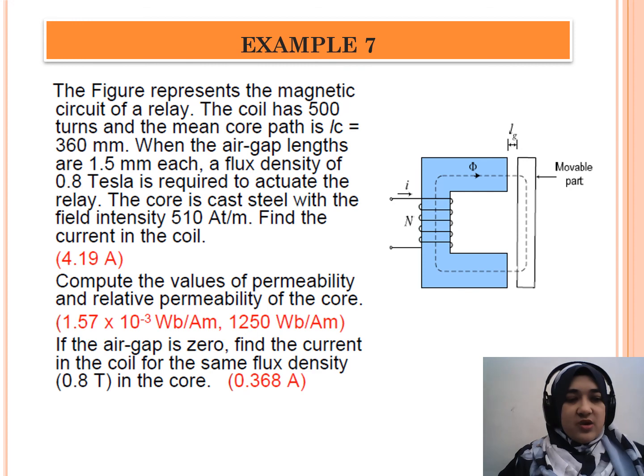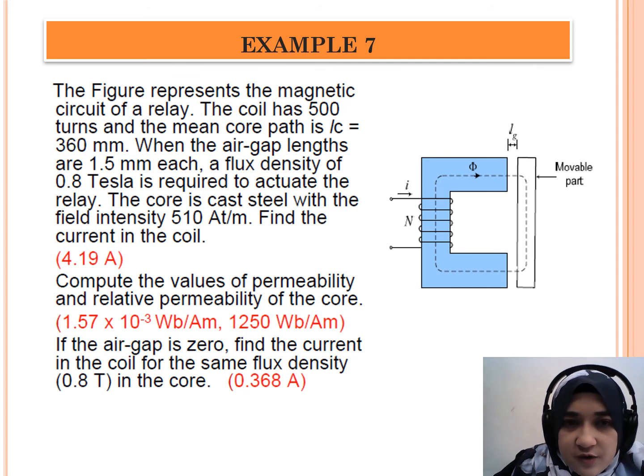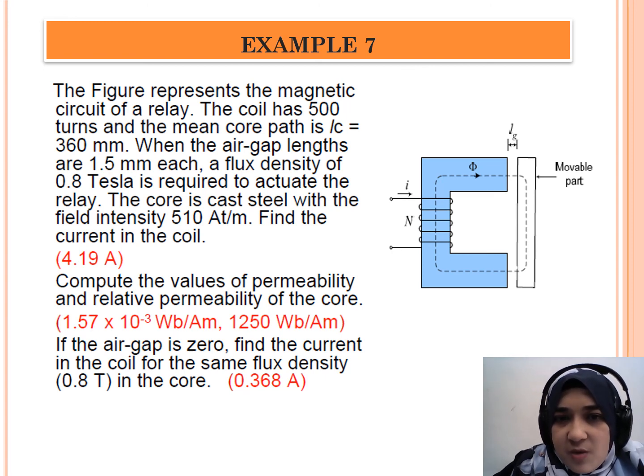Okay, you can try example 7. The figure represents the magnetic circuit of the relay. The coil has 500 turns, so N is equal to 500 turns. The mean core path is LC equal to 360 mm. The air gap lengths are 1.5 millimeter each, so it has two air gaps here.